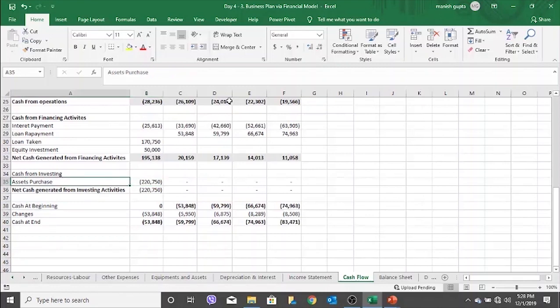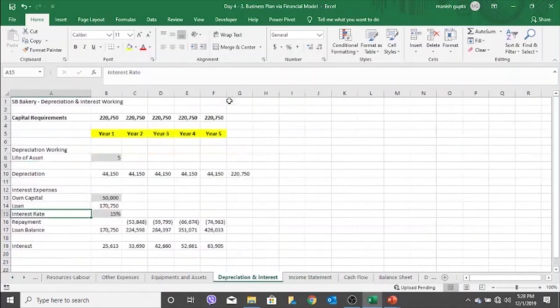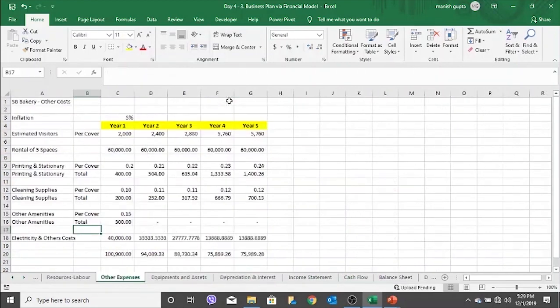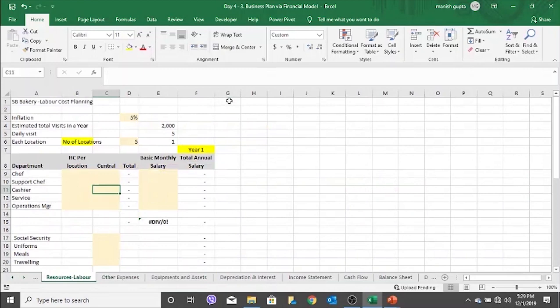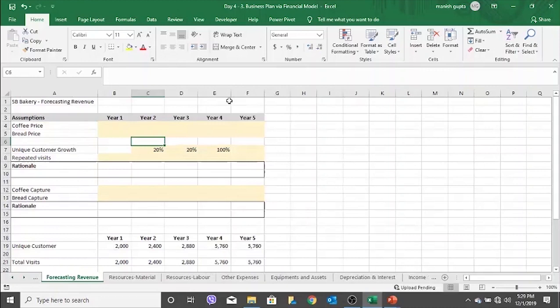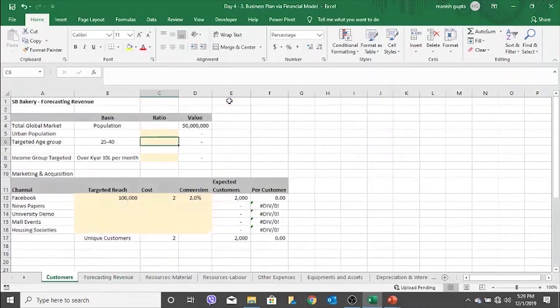Resources: now we have covered cash, our income, our equipment, our other expenses, and our manning, what kind of manning I need for the next 5 years. We also did our revenue, how many customers I'm going to have.